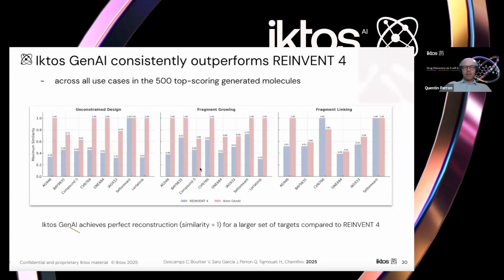For instance, lorlatinib, which is a macrocycle, reInvent is not able to generate any macrocycles, so you get stuck at a very low similarity. In contrast, our GenAI is able to reconstruct this macrocycle with a simple Tanimoto similarity.